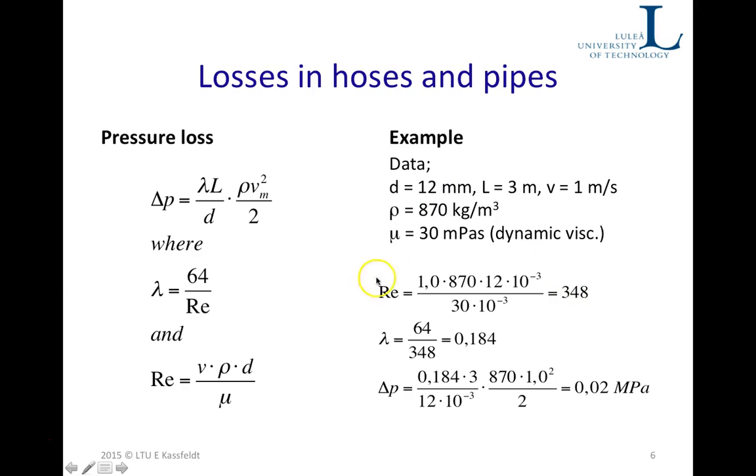Here to the right you can find a numerical example, and it could be a good idea to stop the video session here and go through this and check that I have calculated it correctly.